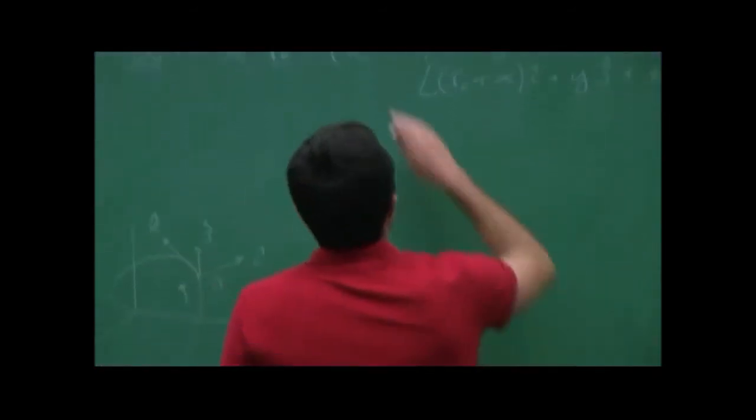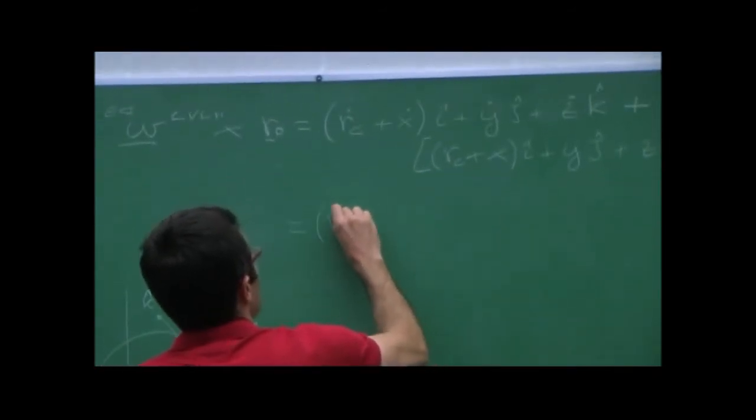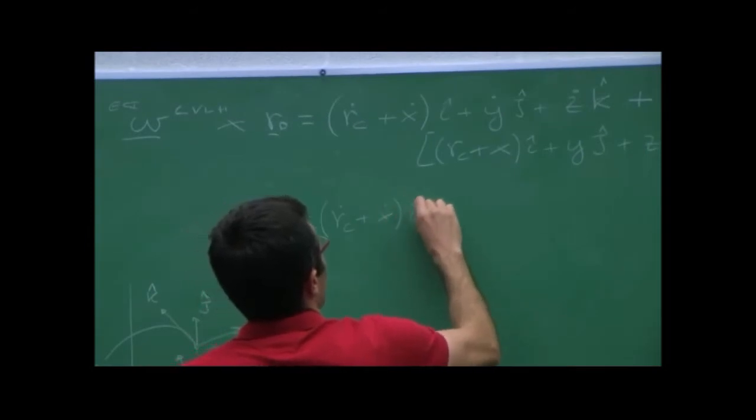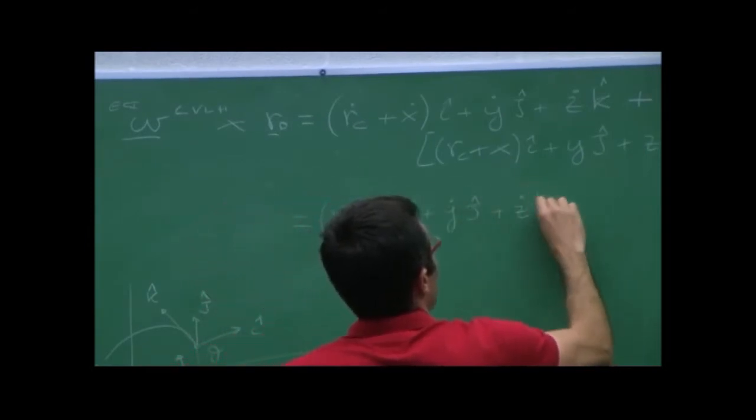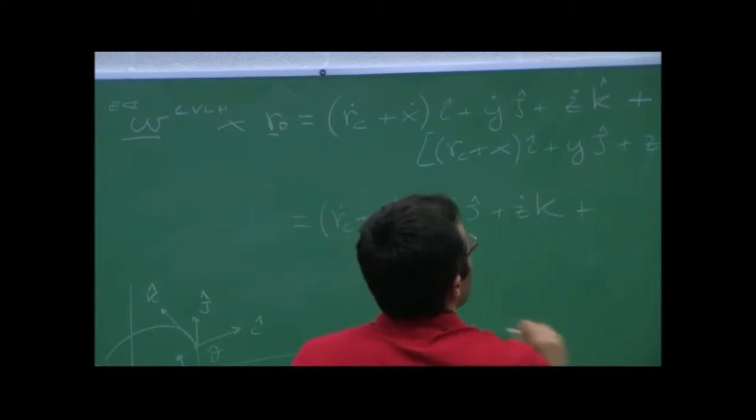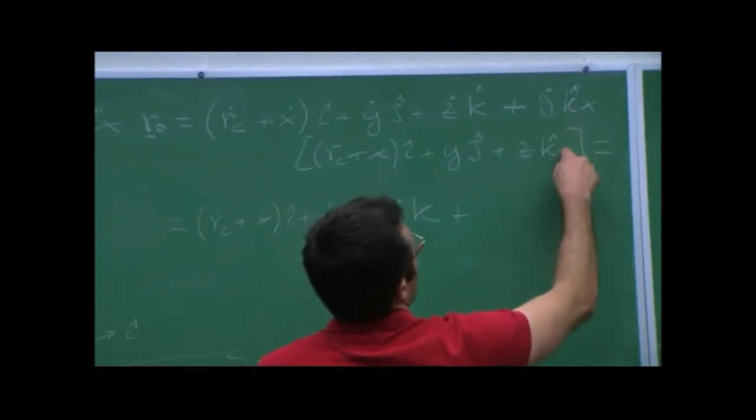Let's do it. The first part remains as it is: RC dot plus x dot I plus y dot J plus z dot K plus, a little refresher on kinematics, right? What is the first one? Of course, the last one I'm not going to bother doing, right?